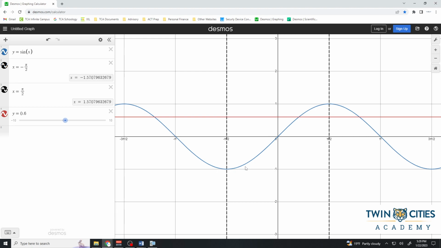And in addition to that, it captures our entire range from -1 to +1. So when I'm talking about the inverse sine and inverse cosine function, I'm going to look at just one interval, so that way I can get all of the range possible and it passes my horizontal line test.